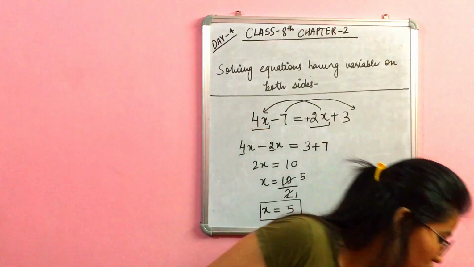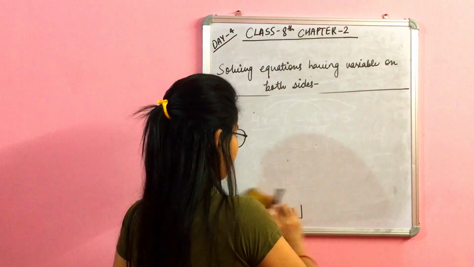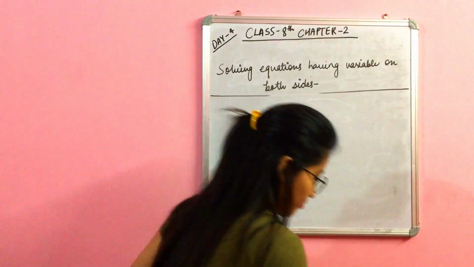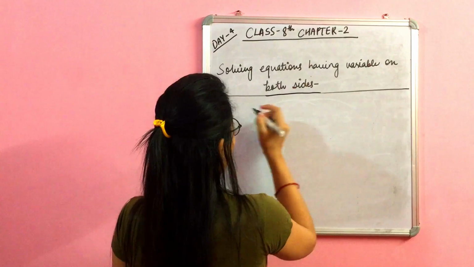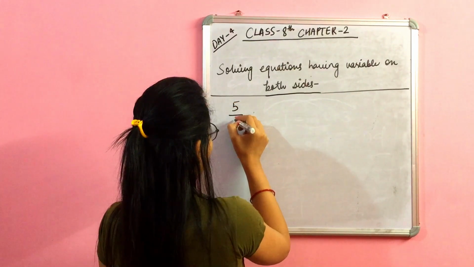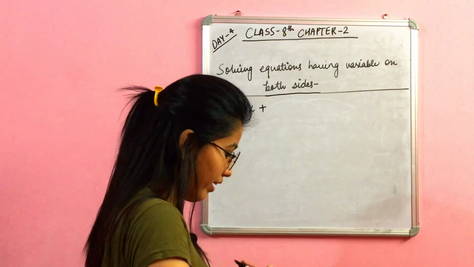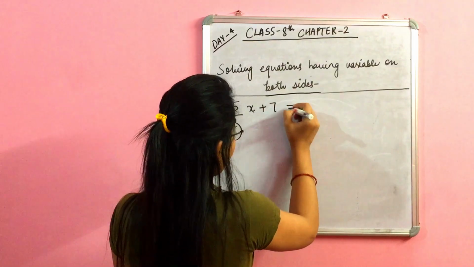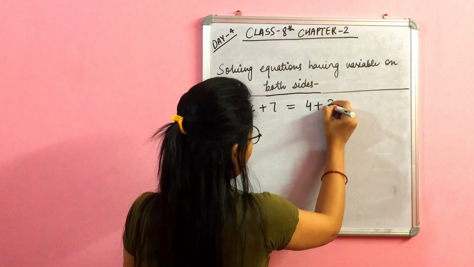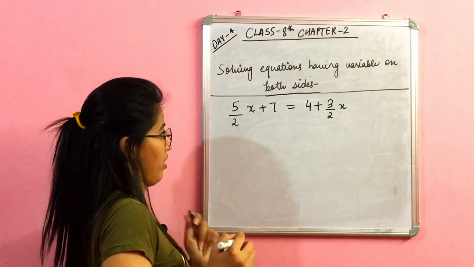Now let us solve one more example: 5 upon 2x plus 7 is equal to 4 plus 3 upon 2x. This is our question.